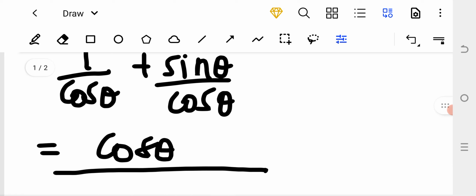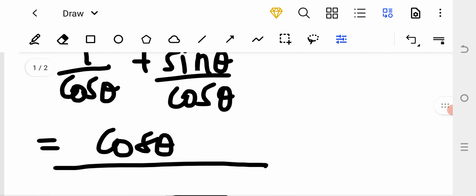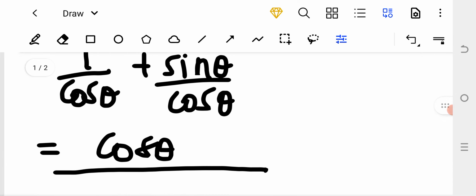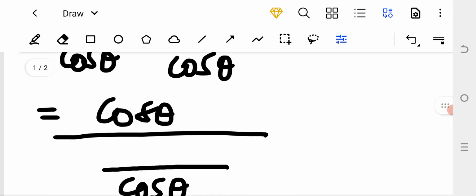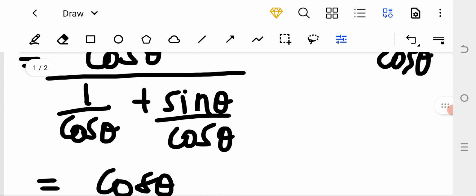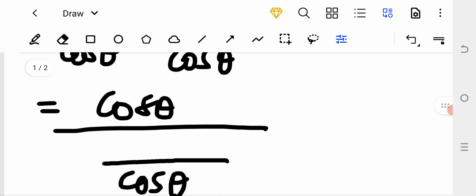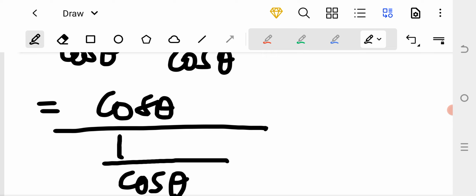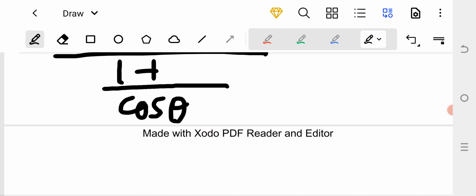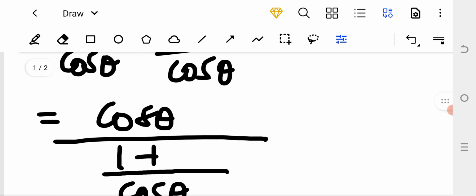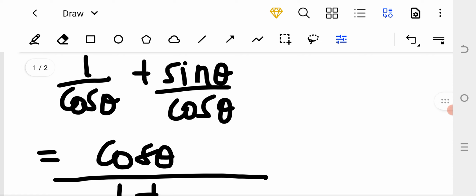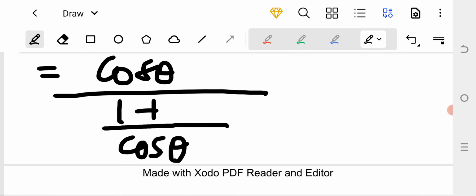Cos theta into cos theta gives cos theta, then cos theta into 1 over cos theta gives 1, plus cos theta into sin theta over cos theta gives sin theta.